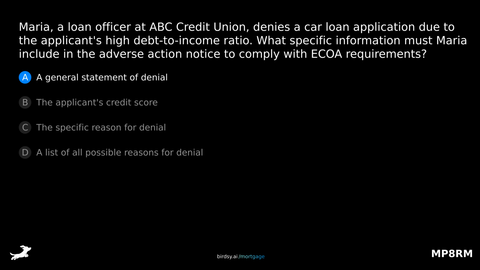Is it A, a general statement of denial? B, the applicant's credit score? C, the specific reason for denial? Or D, a list of all possible reasons for denial? The answer is C, the specific reason for denial.